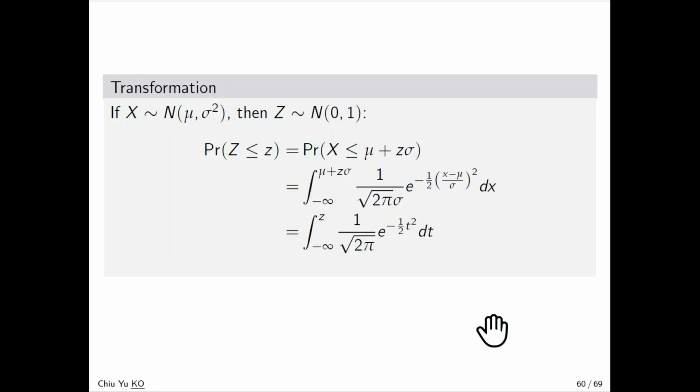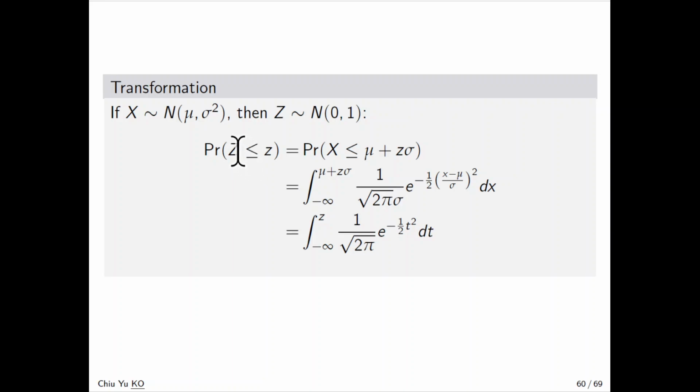So now we want to show you the proof that when you subtract its mean and divide by the SD, it actually gives us what we want. So Z is actually N(0,1). So P(Z less than z), okay? And we define Z as X minus mu over sigma. So you can do the same trick, right?